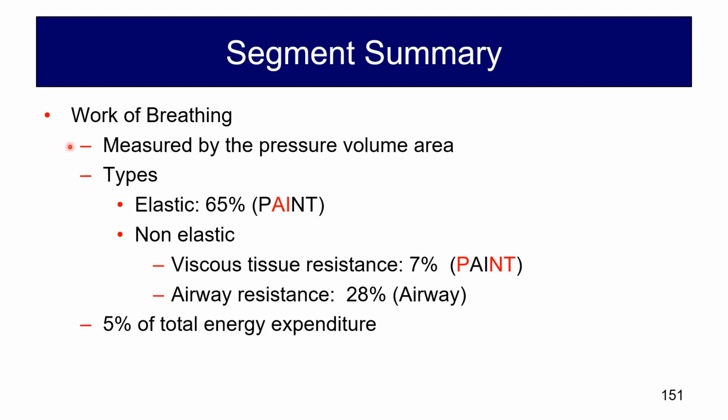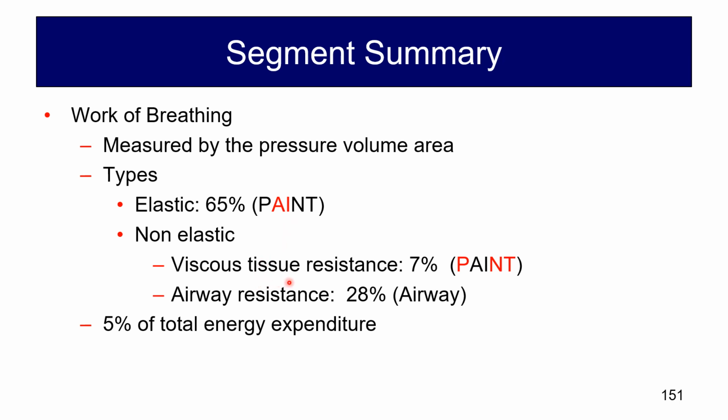The work of breathing is measured by the pressure volume area. There are three types: the elastic work of breathing, and the non-elastic work of breathing, which is further subdivided into your viscous tissue resistance work of breathing and the airway resistance work of breathing. The elastic work of breathing accounts for 65% of the total work of breathing. It is increased in lung parenchymal diseases such as alveolar or interstitial lung diseases.